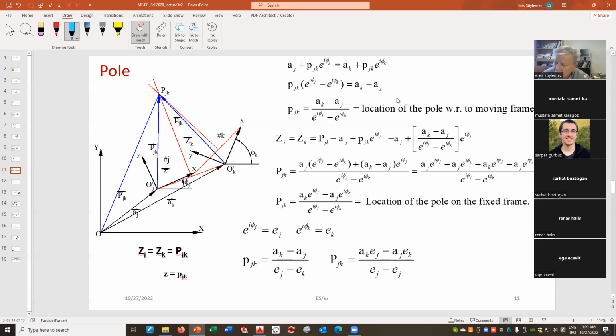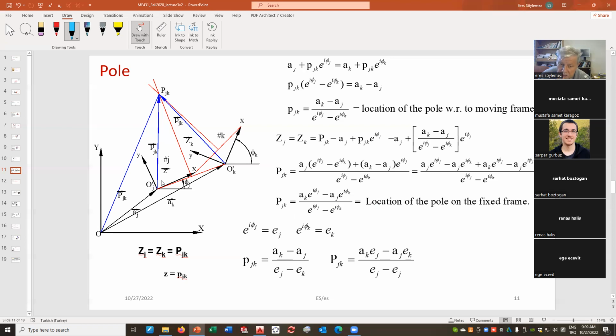Substitute Pjk into this equation. Capital Pjk now will be equal to Ak e to the I phi j minus Aj e to the I phi k, over e to the I phi j minus e to the I phi k. This is the location of the pole on the fixed frame.